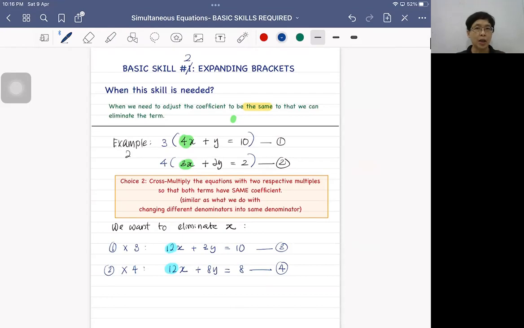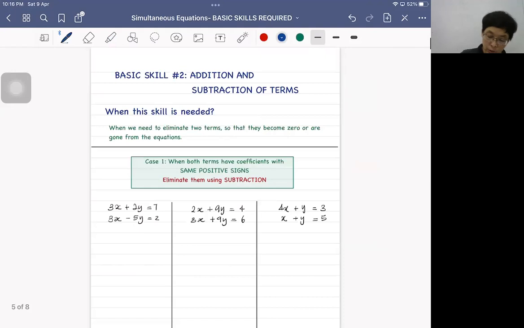So that we can eliminate that. Okay, so let's move on to another, the basic skill number 3. That is addition or subtraction of terms. Why do we need to do that? We need to eliminate them so that they become 0 or completely gone from the equations.